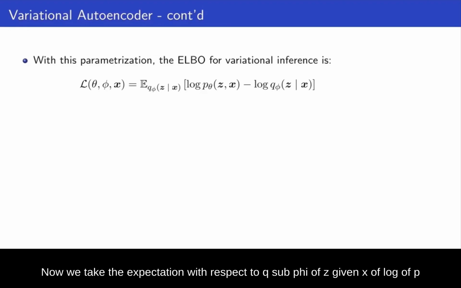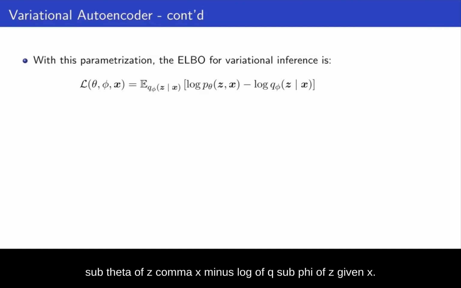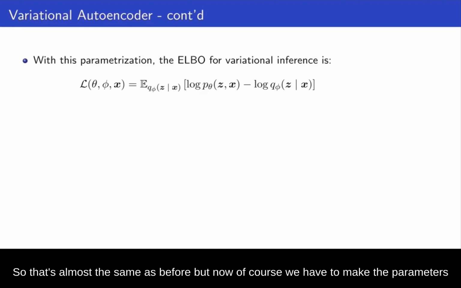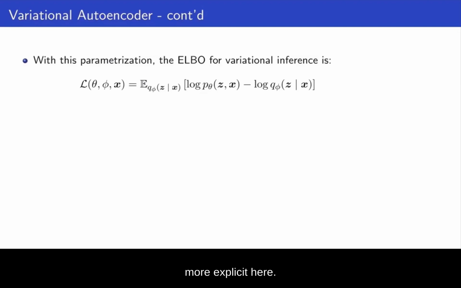Now we take the expectation with respect to q sub phi of z given x of log of p sub theta of z, comma x, minus log of q sub phi of z given x. That's almost the same as before, but now of course we have to make the parameters more explicit here.